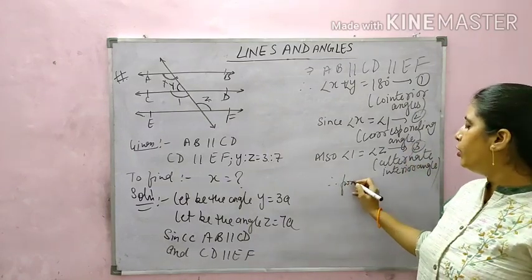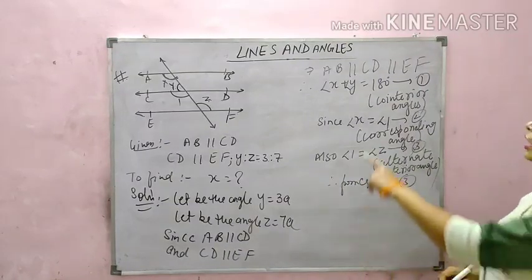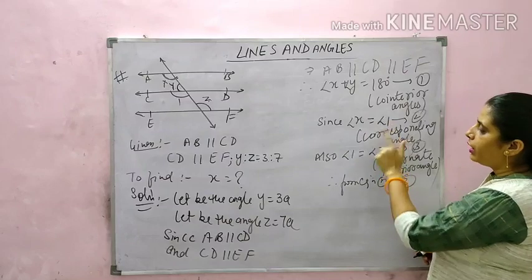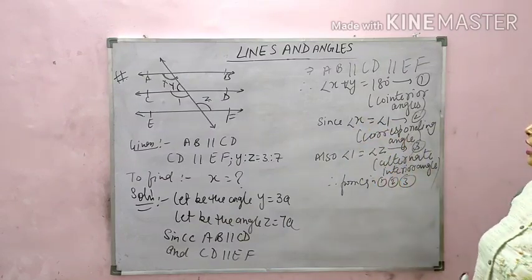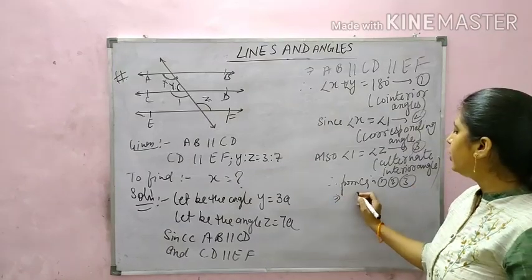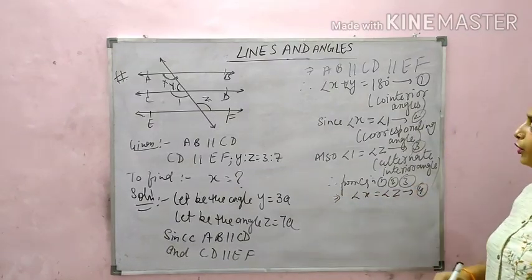Therefore, from equations 1, 2, 3, angle x equals 1 and 1 equals z. It means angle x equals angle z. Equation number 4.